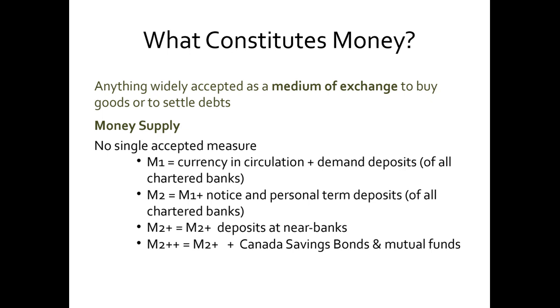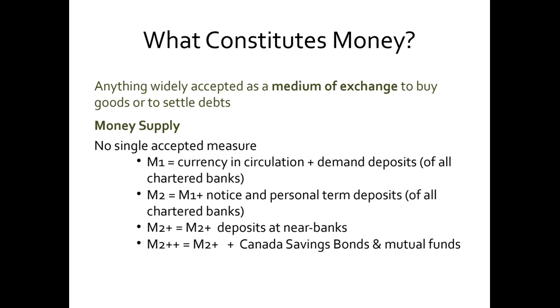Either you have to give a notice before withdrawing that money, or you have a term deposit. By term deposit, I mean that you deposit for a specific time period. For example, if you have deposited your money in a 3 month deposit, you can't withdraw before 3 months. Even if you do, you have to pay a penalty. If you include that money as well, that is a slightly broader version of money supply. That is what we call M2 supply of money.